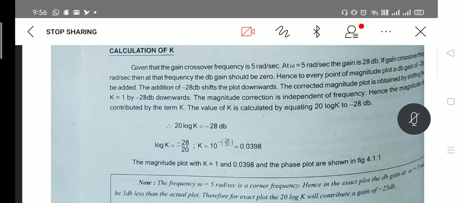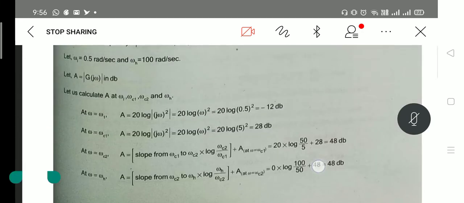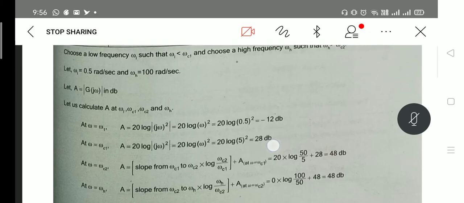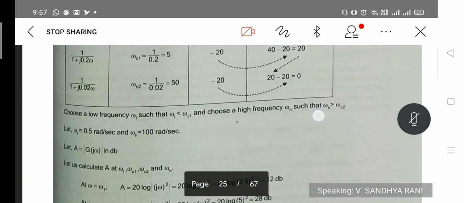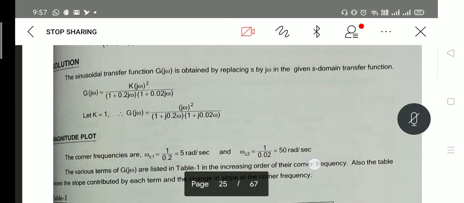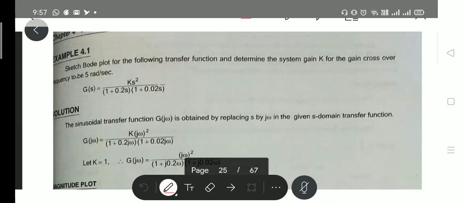Here 20 log k is equal to minus 28 dB. Why? Because he is asking to calculate the k value for 5 radians per second.